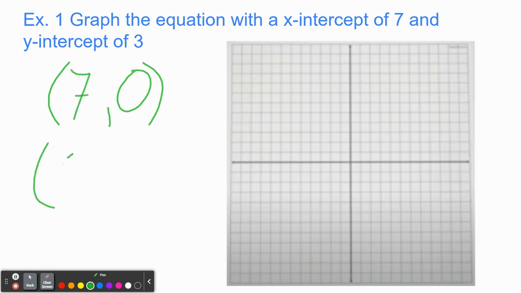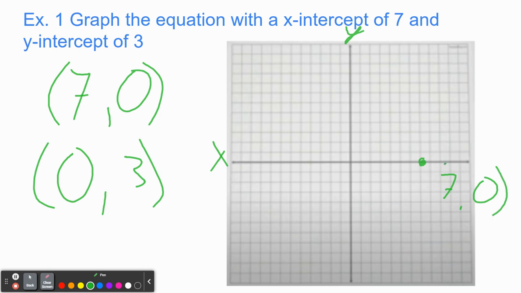And a y-intercept of 3 means that x is 0 and y is 3. So we have our y here, x here, (7, 0), 1, 2, 3, 4, 5, 6, 7, 0 should be right about there. And (0, 3), start in the middle at the origin, 1, 2, 3, and we have (0, 3).